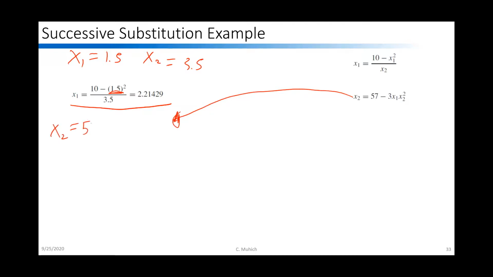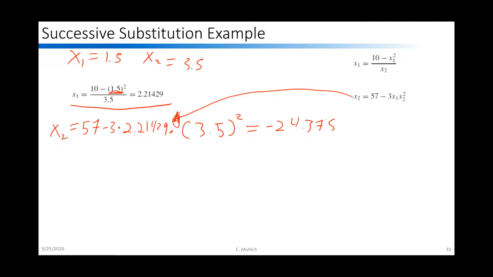So x2 is now going to be 57 minus 3 times x1, so 2.21429, times x2 squared. Remember, our x2 guess was 3.5 squared. And you can do out that arithmetic and you'll get negative 24.375.